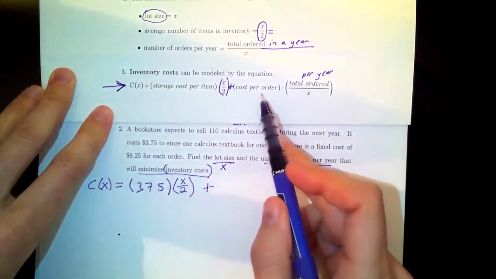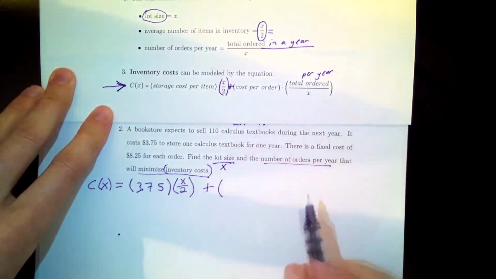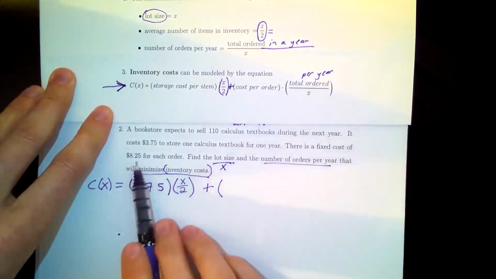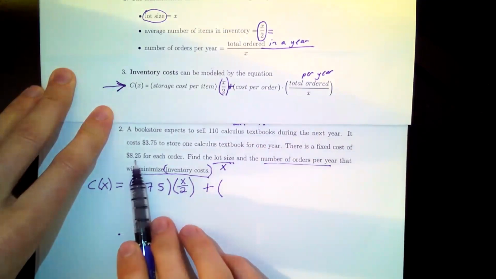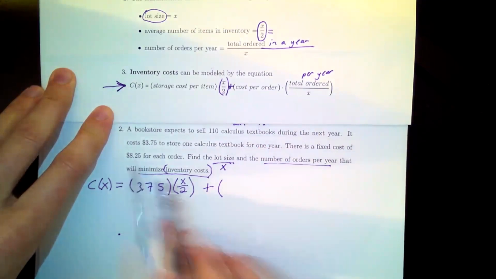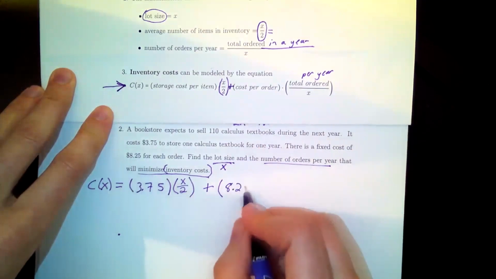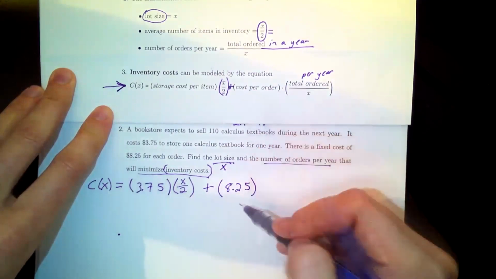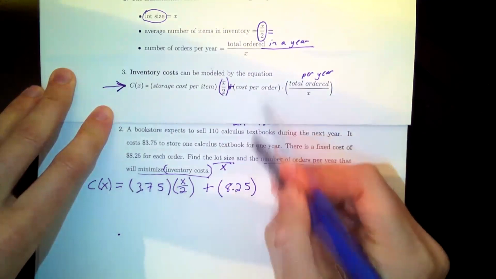Plus the cost per order. Now the cost per order, it says there's a fixed cost of $8.25. So it didn't say it's $8.25 per book. It just says there's a fixed cost in general of $8.25. So that means there's just going to be an $8.25 flat cost. It won't depend on the number of books or anything.